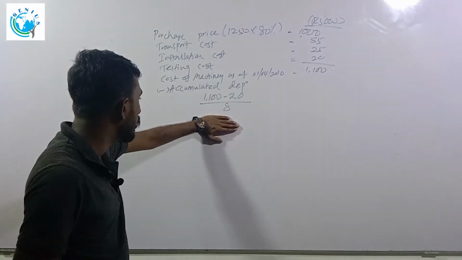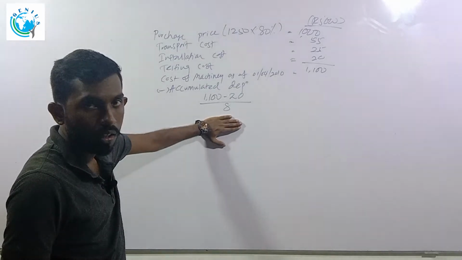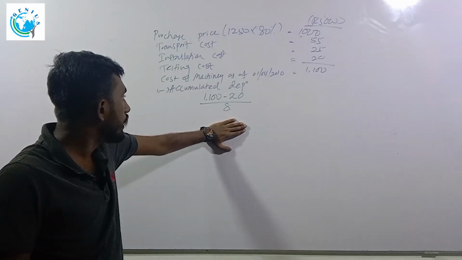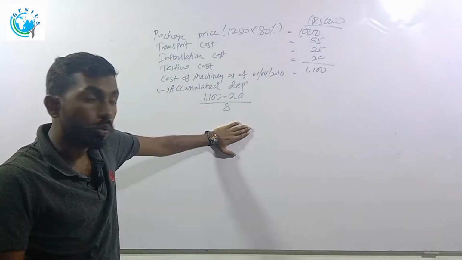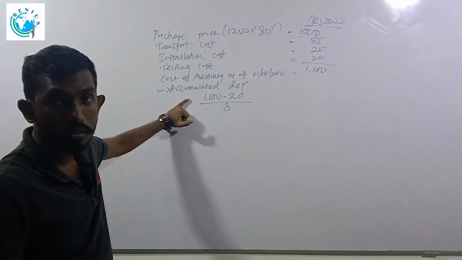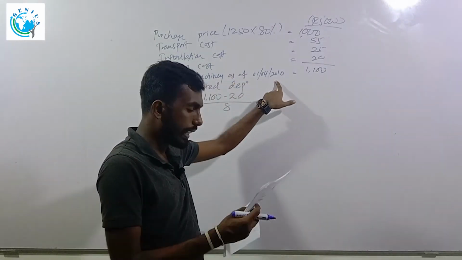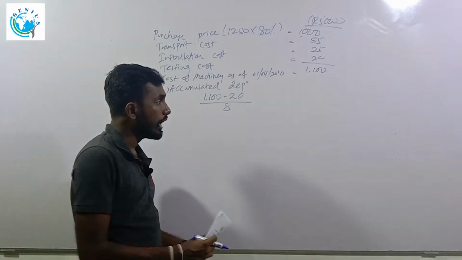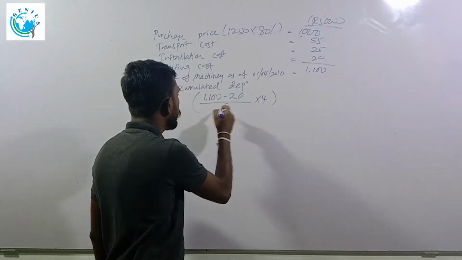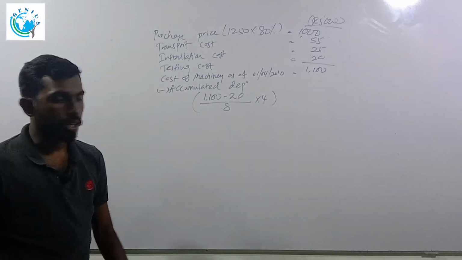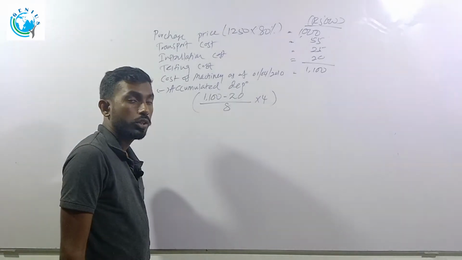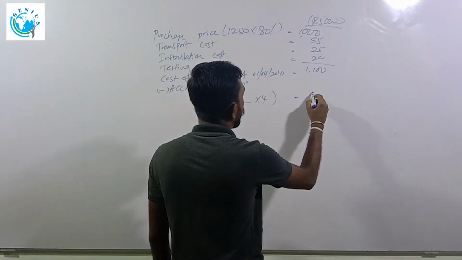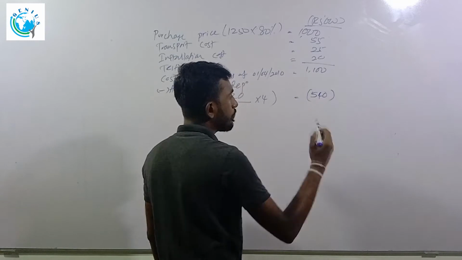By solving this we can find the annual depreciation. But we need the accumulated depreciation for 4 years, from 1st April 2010 to 31st March 2014, exactly 4 years. Therefore, you multiply this by 4. By solving this, the accumulated depreciation is 540.